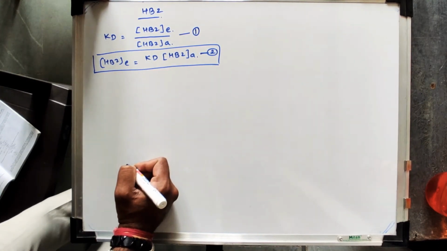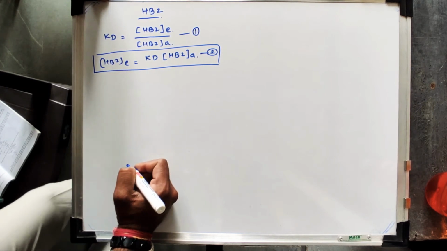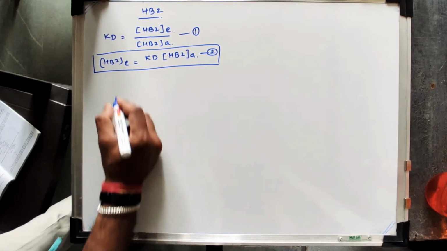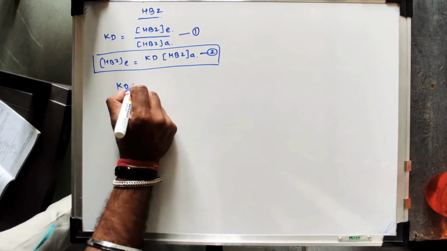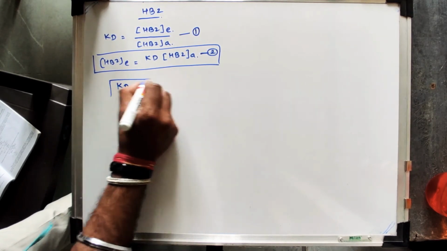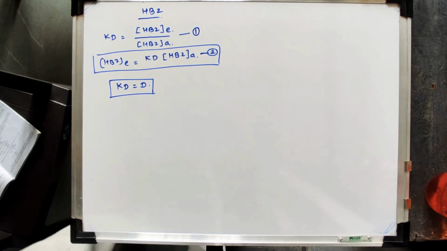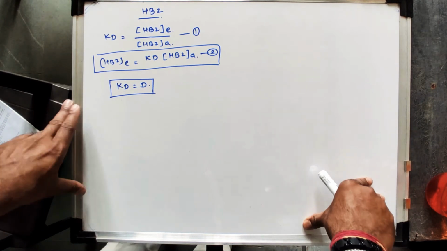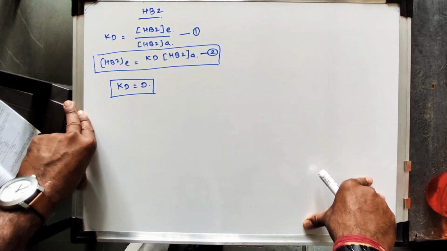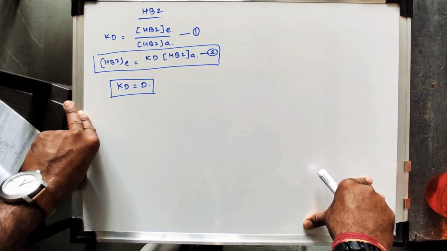If there is no association, no dissociation, or no polymerization, then I can write Kd is equal to D. This is the relationship between them. So it is very easy to find the relationship between the distribution coefficient and the distribution ratio, if no association, no dissociation, or no polymerization, that is, the molecular state of the solute remains constant.